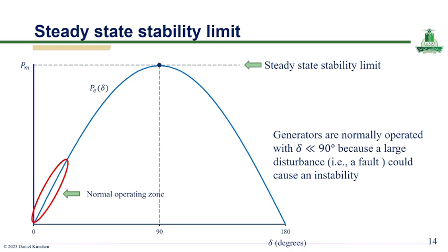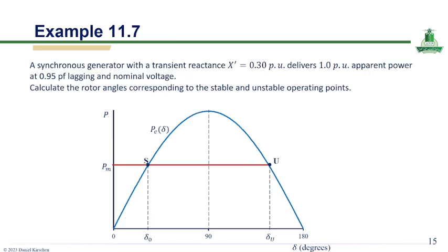However, in practice, generators are operated well below this point, typically with delta much less than 90 degrees, within the normal operating zone. And this conservative operation ensures sufficient stability margin so that in the event of large disturbances such as faults, the system can maintain synchronism and avoid instability.